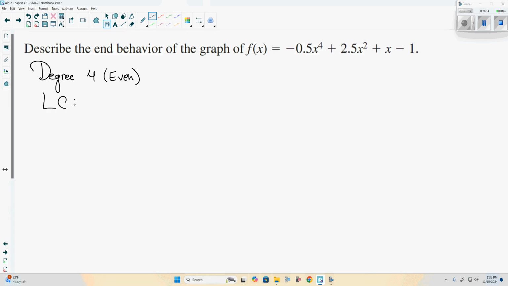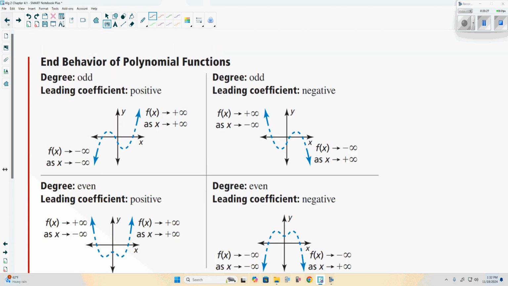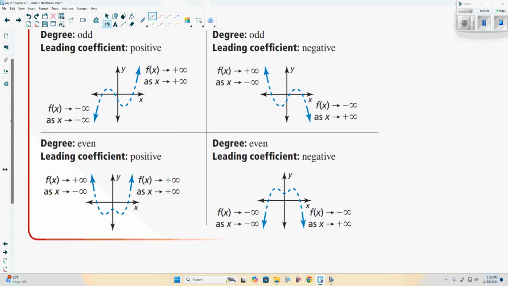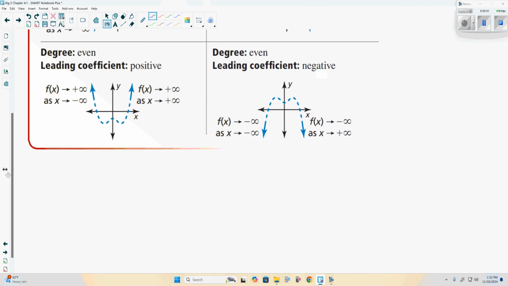Leading coefficient, negative 0.5. So it is negative. If we want the end behavior, we can come over to this chart. So we have even and negative. So this here is our answer.